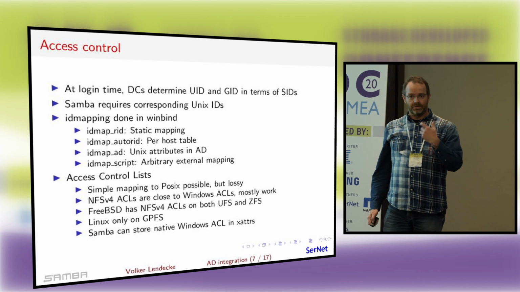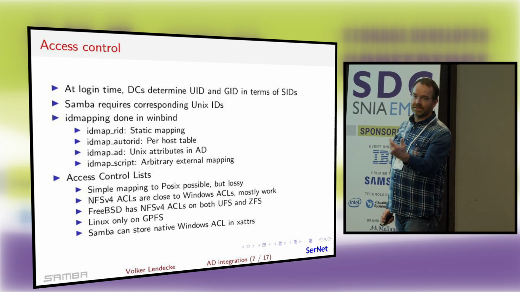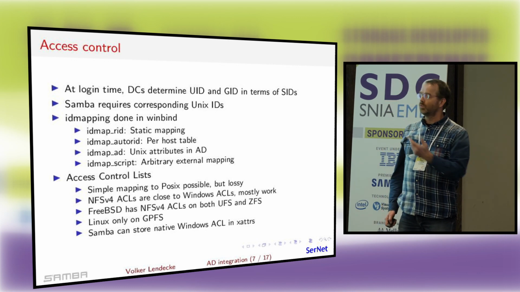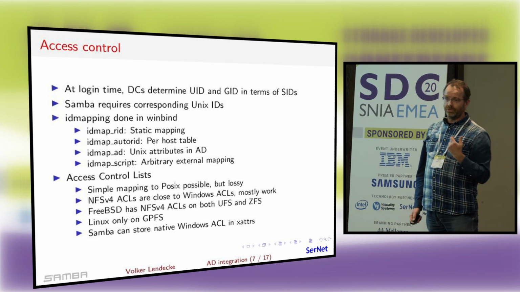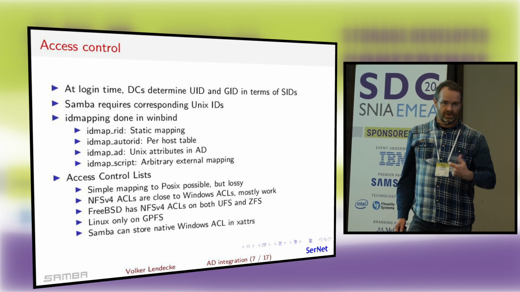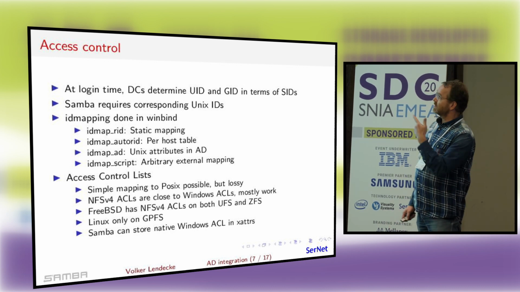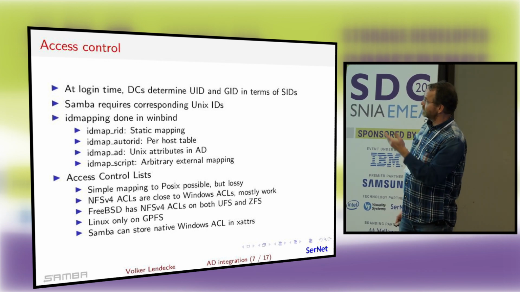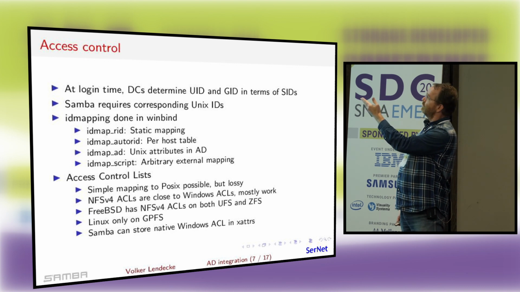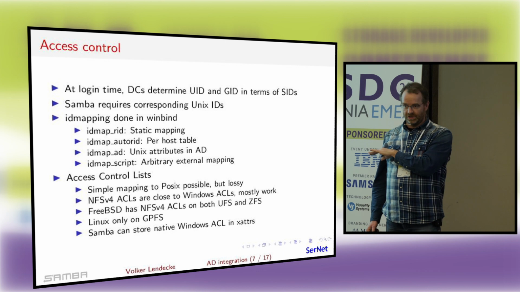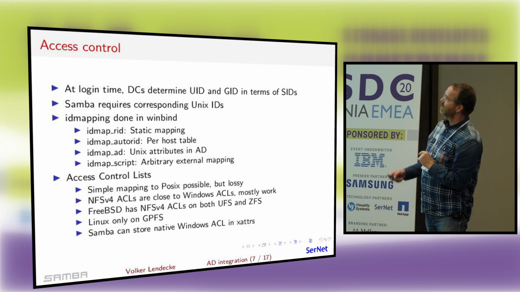An Active Directory SID comes in and we have to invent a local Unix ID, and Winbind invents a range of IDs locally and stores this in a static table that you have to, of course, back up. This is per host. Our default is still a different one that is very inefficient. It's essentially the previous version of idmap autorid called idmap TDB that's much less efficient. So we made that more efficient.